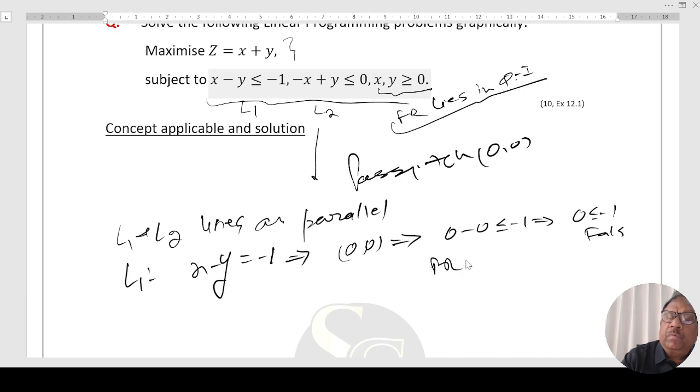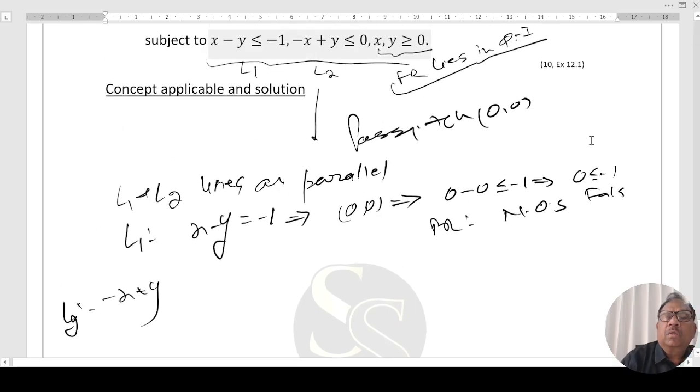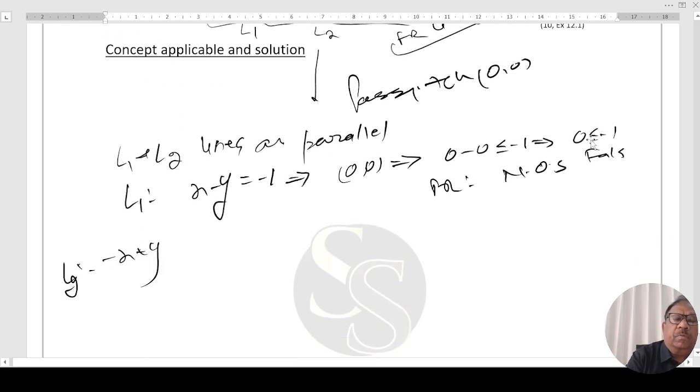So the feasible region is on the non-origin side. In this case, minus x plus y is given to you, less than or equal to 0.